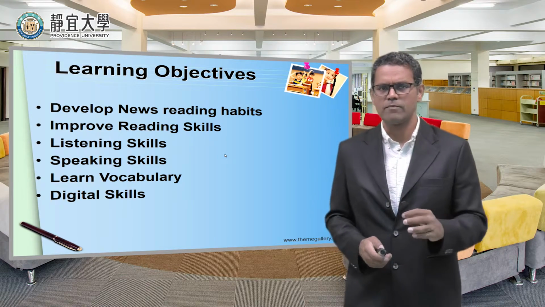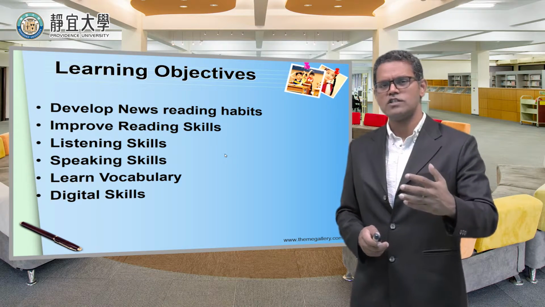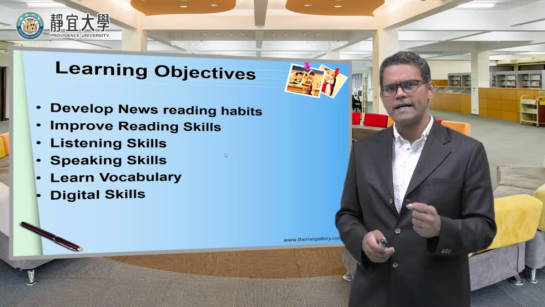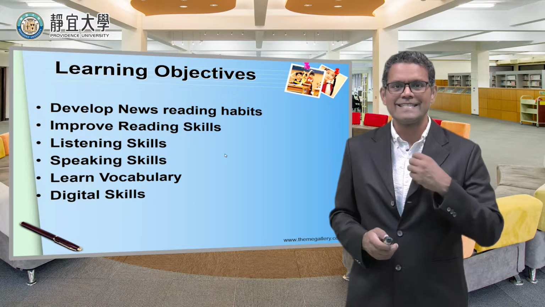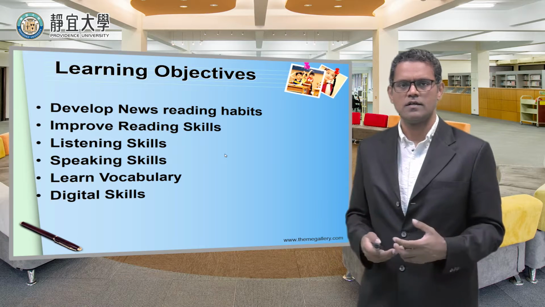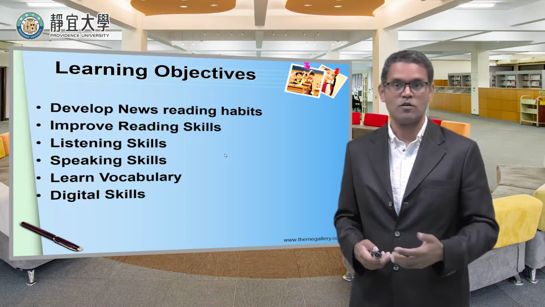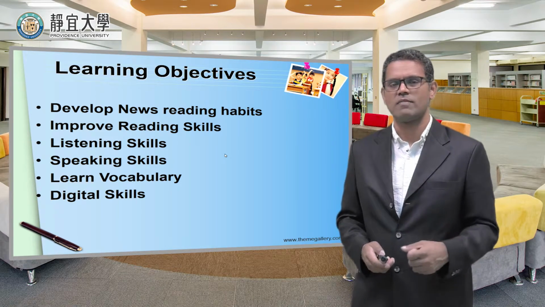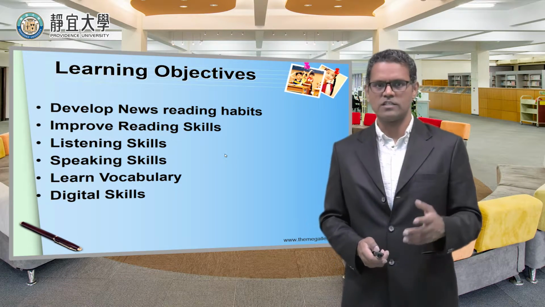And apart from all these skills, I would also try to teach you some digital skills like media skills, because you have some assignments or activities where you have to tell a news, discuss a news, or share the news with your classmates and take a video, or post it on a website. So I would also talk about some digital skills.